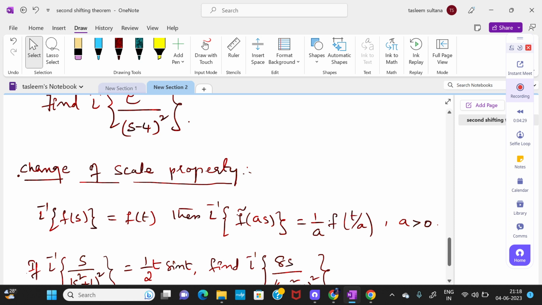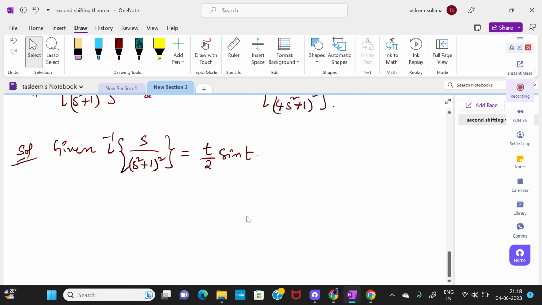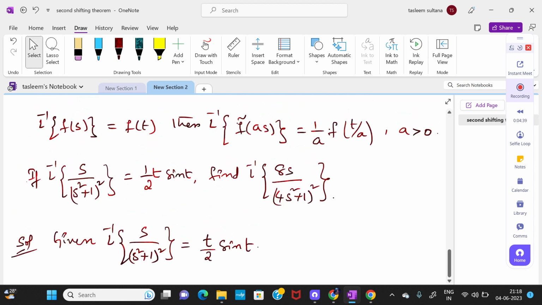To get into this form, I should have as along with a. So I will replace s with as, so that I can easily apply that statement. Wherever the t is there, you have to divide by a.